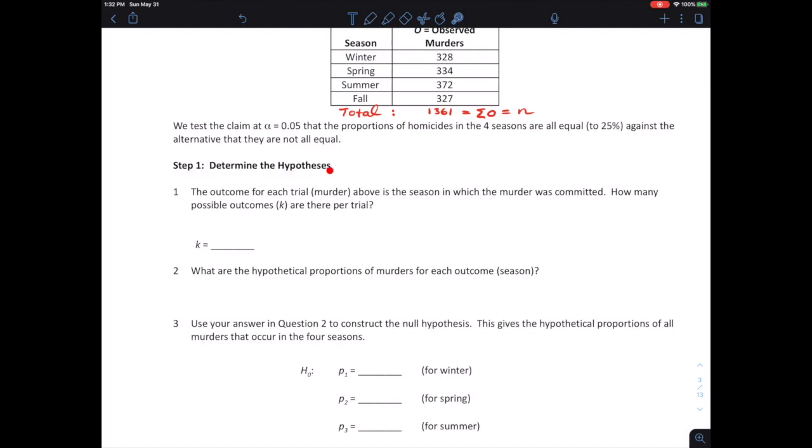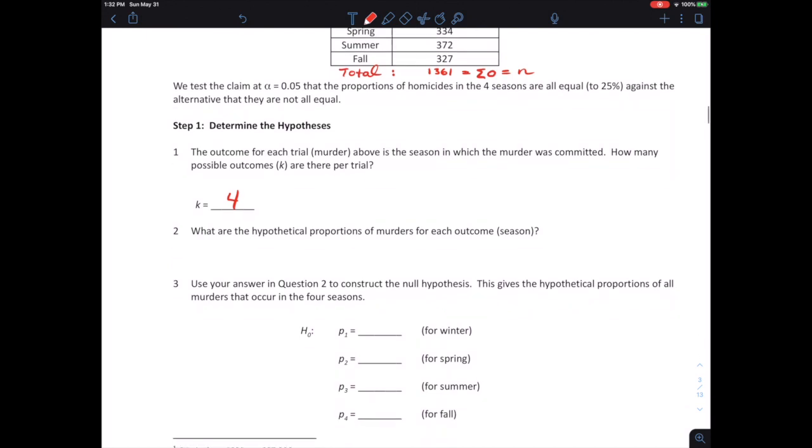Step 1, determine the hypotheses. Question 1, the outcome for each trial, which is a murder above, is the season in which the murder was committed. How many possible outcomes are there per trial? You're just saying how many categories are there here. So I'm hoping you said 4 categories or 4 outcomes for each murder.